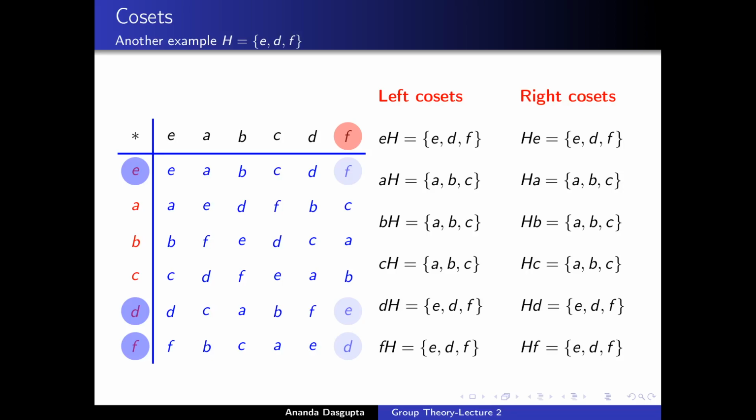Let me just explain to you what partition means. A set is said to be partitioned if it is broken up into subsets which are mutually disjoint and whose union gives you the entire set.